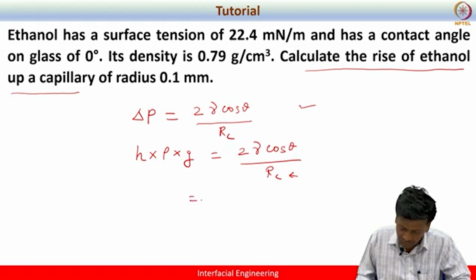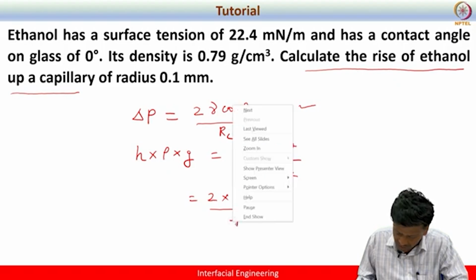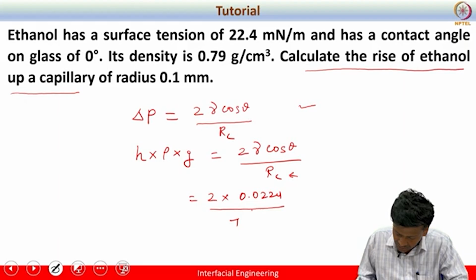So we know 2 into gamma, where gamma here is Lg itself, which is already given here, which is 22.4, or you can say 0.0224 Newton per meter. Cos 0 is 1, so we don't need to worry about the cos theta component. Then we have density rho, which is 790 kg per meter cube.